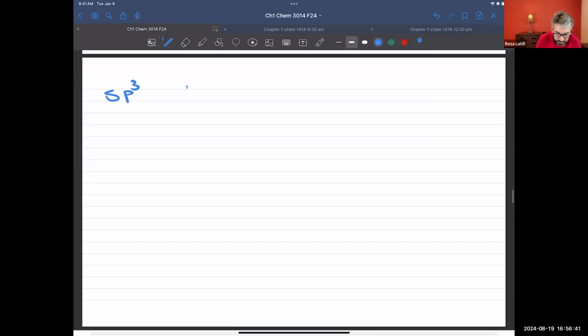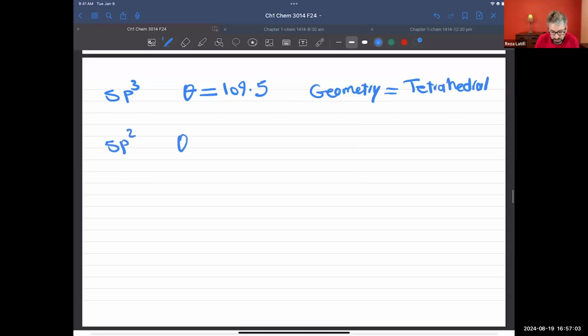So if I want to summarize them in a really short version: sp3 has an expected bond angle of 109.5, and the geometry we expect to be tetrahedral. sp2 has a bond angle expected to be around 120 degrees, and the geometry is expected to be trigonal planar.